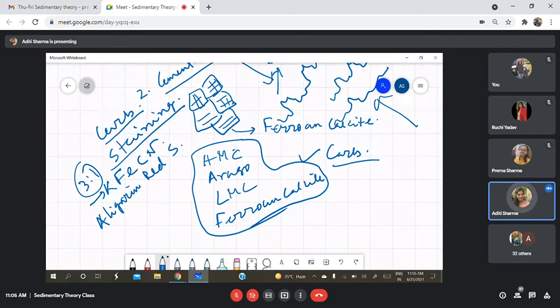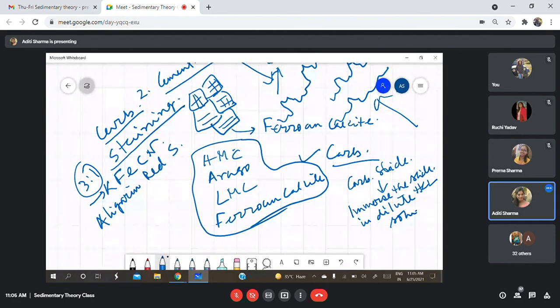Then we take a carbonate slide and immerse it in a very dilute HCl solution. Why?